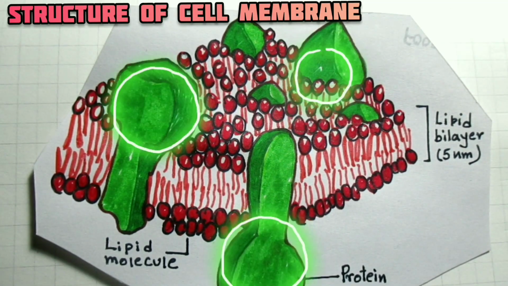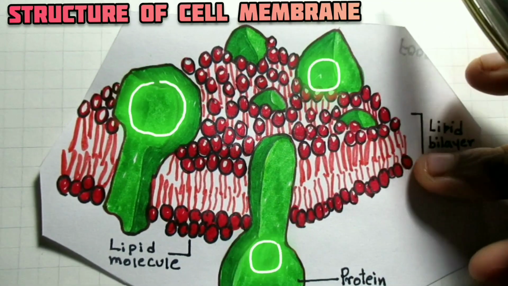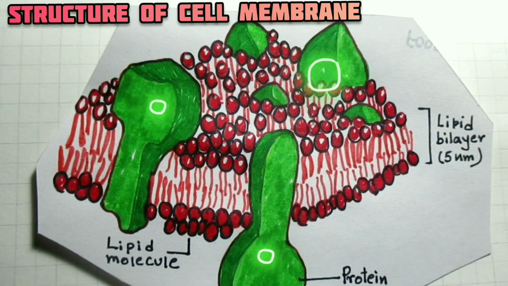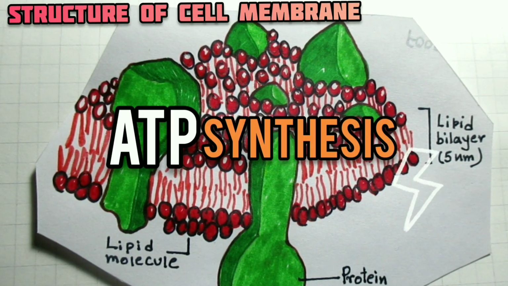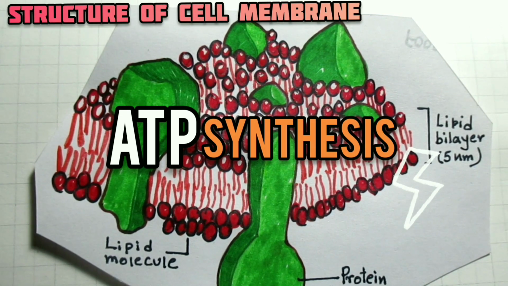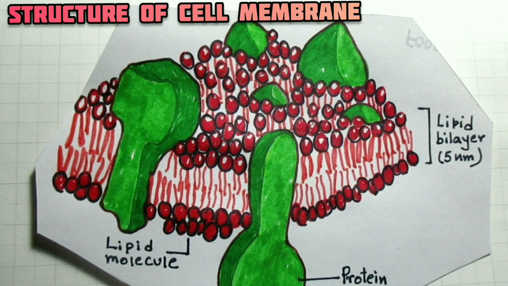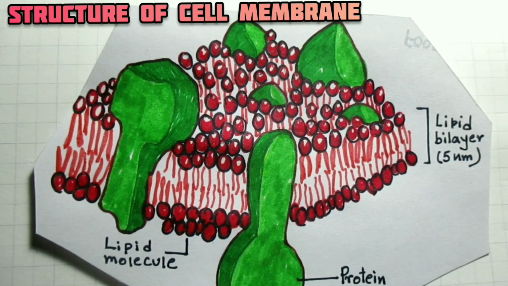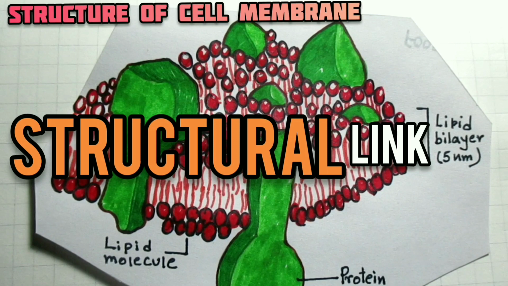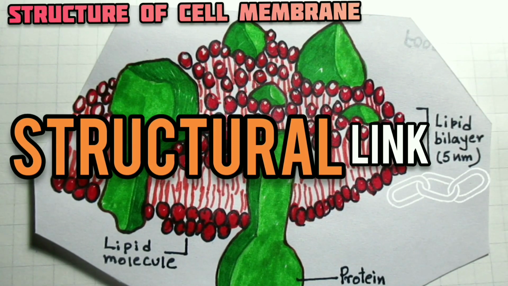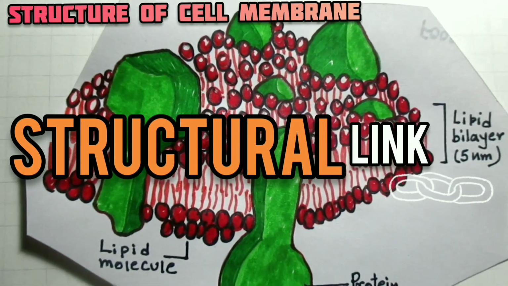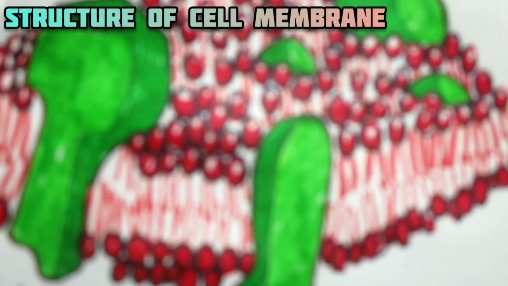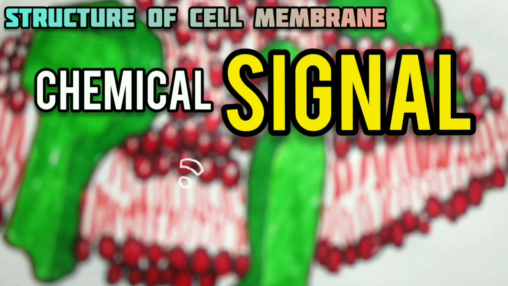Protein molecules that span the lipid bilayer mediate nearly all of the other functions of the membrane, transporting specific molecules across it, for example, or catalyzing membrane-associated reactions such as ATP synthesis. In the plasma membrane, some transmembrane proteins serve as structural links that connect the cytoskeleton through the lipid bilayer to either the extracellular matrix or an adjacent cell, while others serve as receptors to detect and transduce chemical signals in the cell's environment.